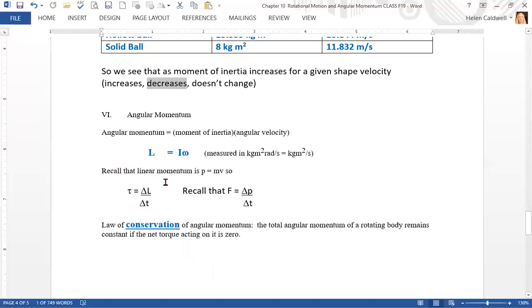Tau equals delta L over delta T. If I gave you a made-up pretend linear equation, you ought to be able to write the made-up pretend version of it as an angular equation, knowing that taus replace F's, L's replace P's, omegas replace v's, I's replace m's, and so on.